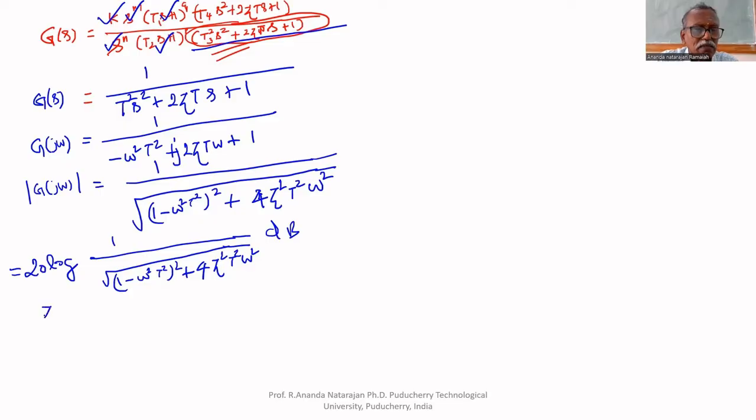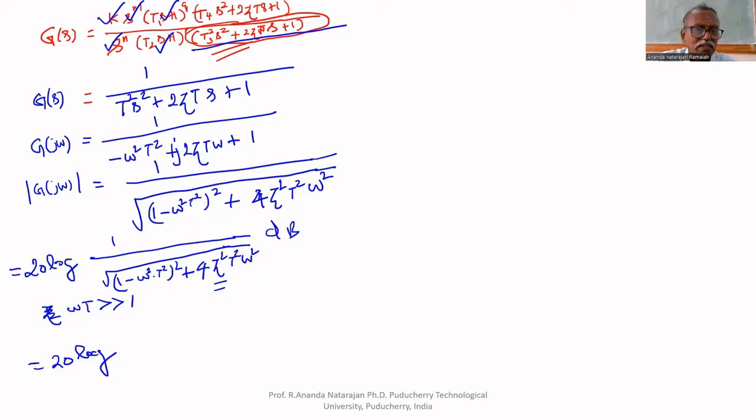One is omega tau far greater than 1, where zeta is always less than 1. Here, what you will get is omega power 4. In 20 log, the 1 becomes negligible because omega tau is far greater than 1.